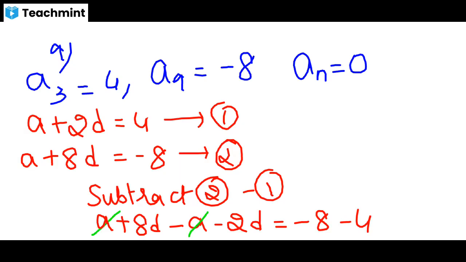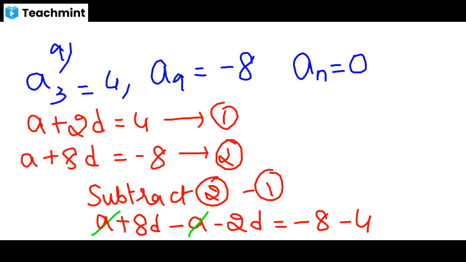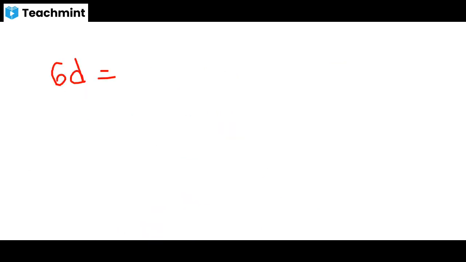Plus A minus A gets cancelled. So what is left? 8D minus 2D, that is 6D. Yes, 6D is equal to minus 8 minus 4, that is minus 12.